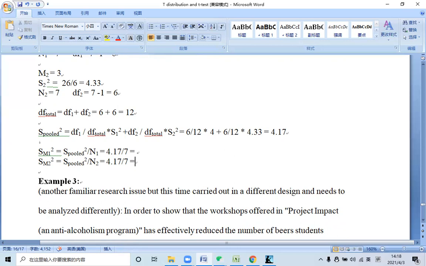4.17 divided by 7 is 0.596. For this group, the same thing.